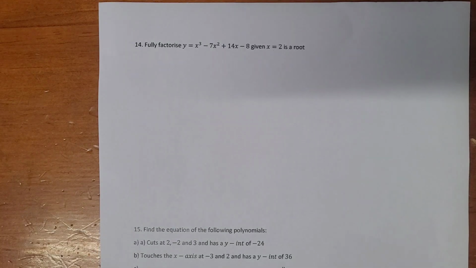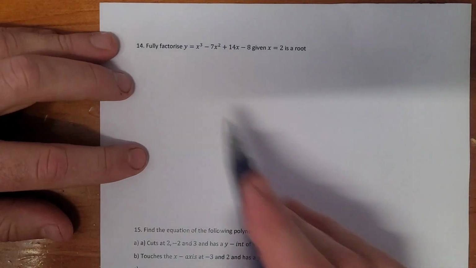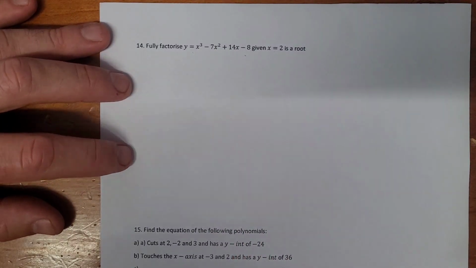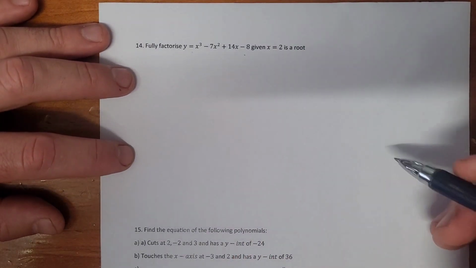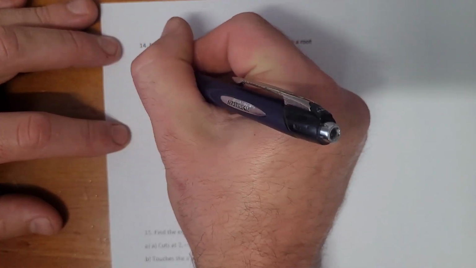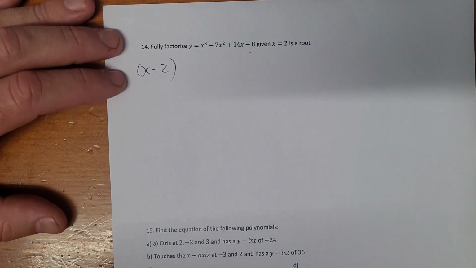Okay, on to 14, and we have to fully factorize this cubic given x equals 2 is a root. So if x equals 2 is a root, what that means is x take 2 is a factor.